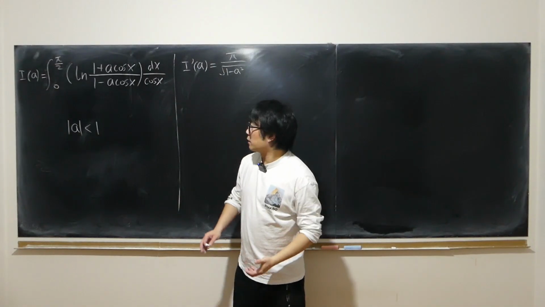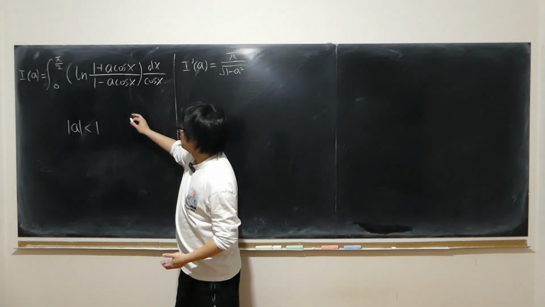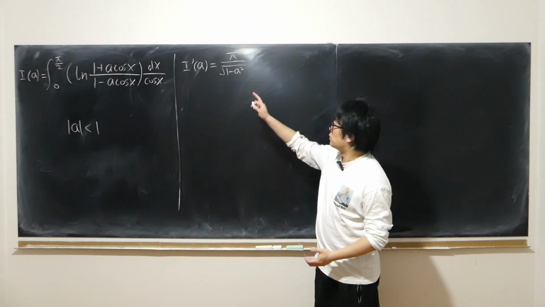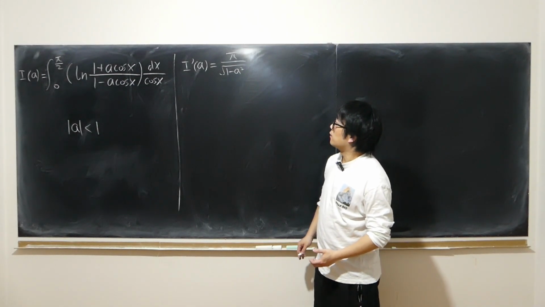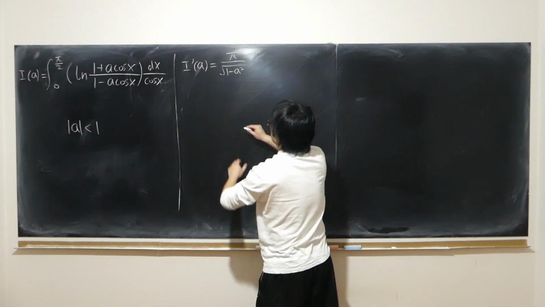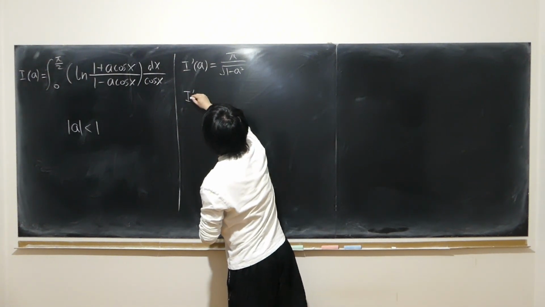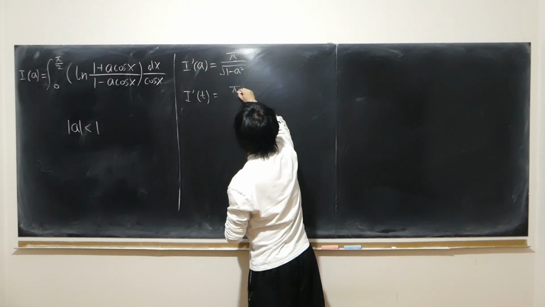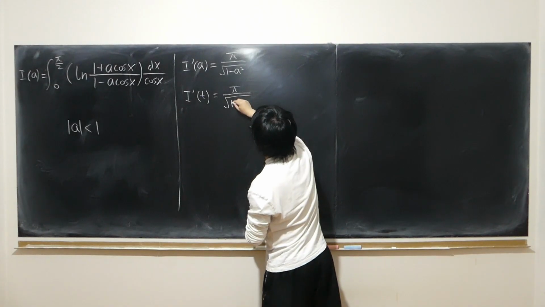So far, by letting our desired integral equal to a function in terms of a, we successfully worked out its derivative with respect to a. Right, so this looks like we can also say that derivative in terms of t is the same idea, 1 minus t squared.